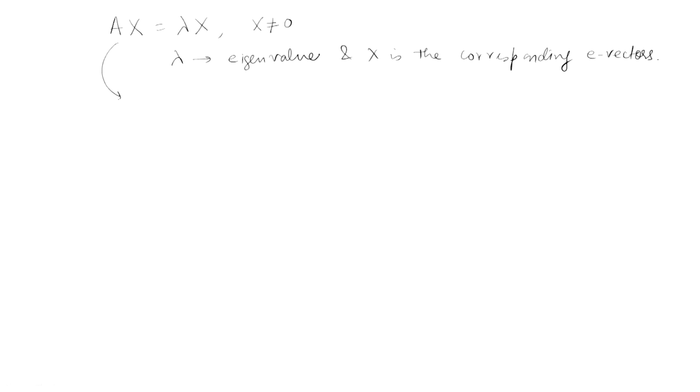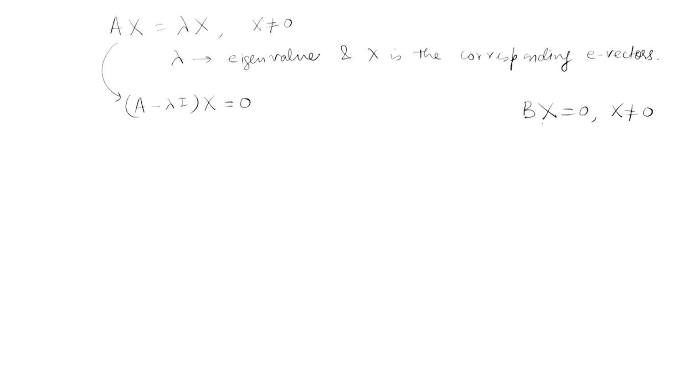Now, from this we can easily see that A minus lambda I times x is equal to 0. Okay. Now, since x is not equal to 0, this system of linear equations has infinitely many solutions. It is something like Bx equal to 0, where x is not equal to 0.